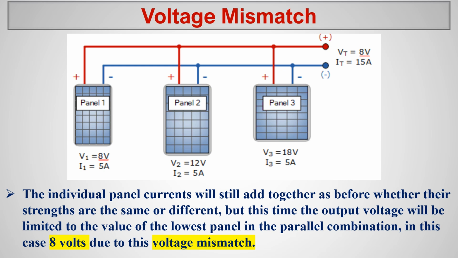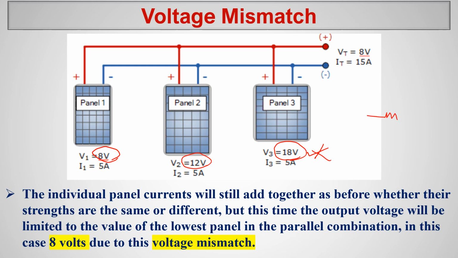One is 8 volts, another is 12 volts, another is 18 volts. Even though this is a high rating of 18 volts, the output cannot take the 18 volts. The output will take the lowest voltage because it's a parallel connection.